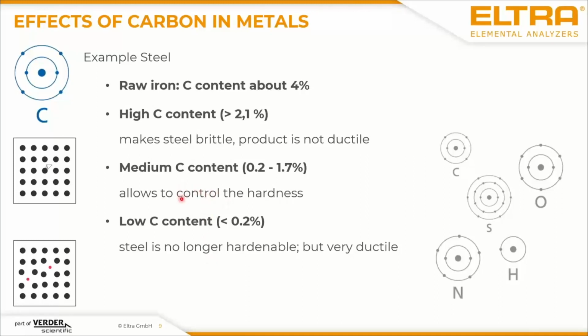In the medium C content between 0.2 and 1.7, by controlling the content of carbon in the steel, you can control the hardness and design a steel according to your demands. And actually, you as operator will not design it, but you will select the powder you need for your product and can test it for the steel components with the ELTRA analyzer.